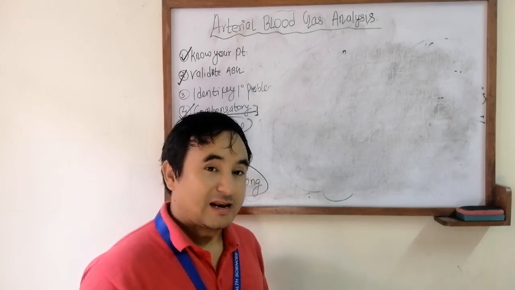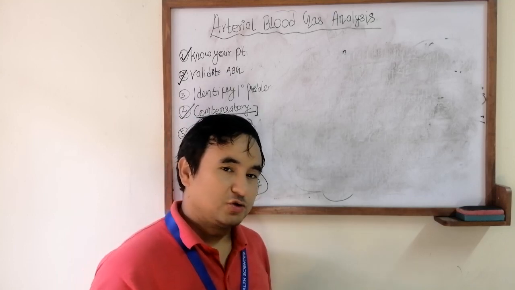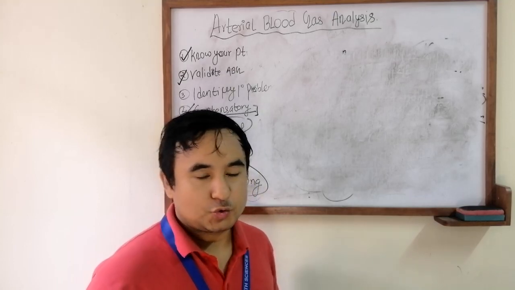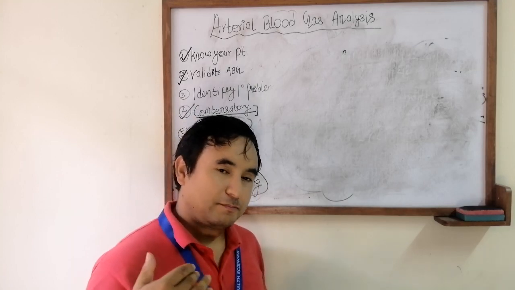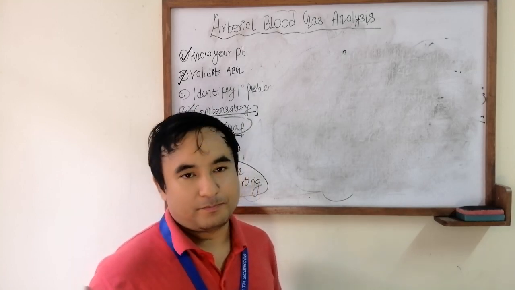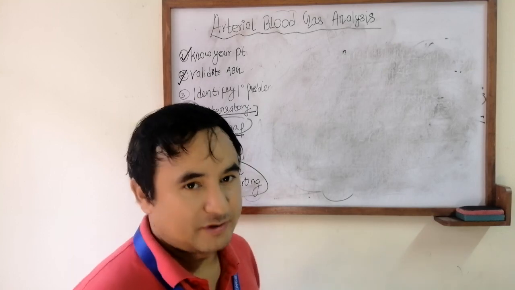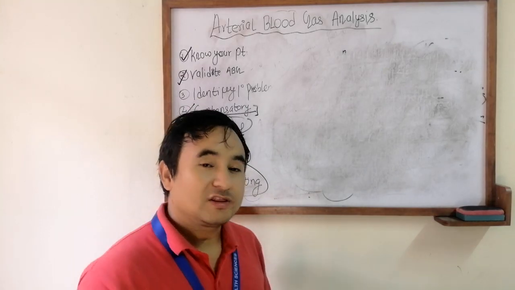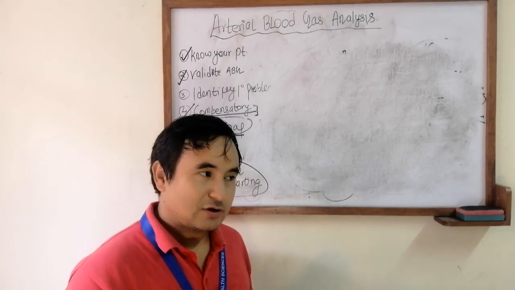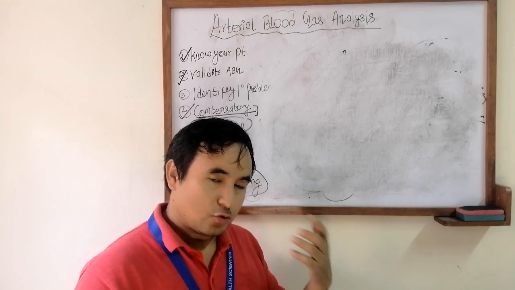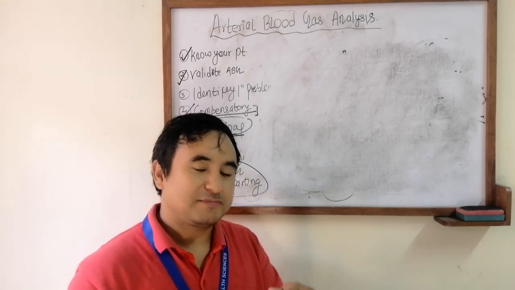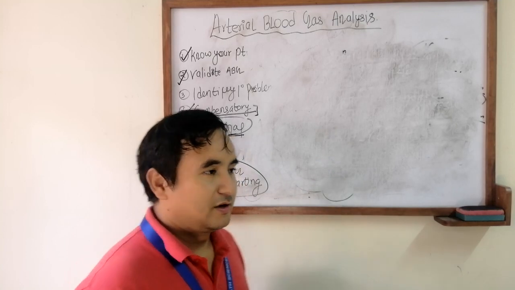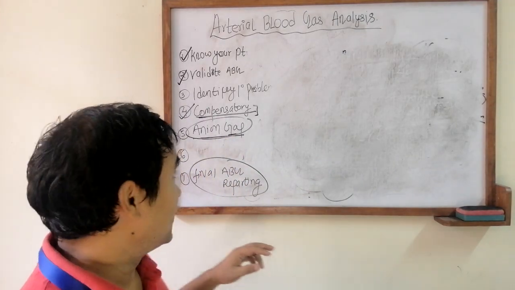In case of respiratory alkalosis, a drop in PaCO2 by 10 will drop the bicarbonate by 2 in acute respiratory alkalosis, and a drop in PaCO2 by 10 will drop the bicarbonate by 5 in chronic respiratory alkalosis. For looking at the compensation in the metabolic state, you have to know how to calculate the expected PaCO2 level, which is equal to bicarbonate plus 15. You can check whether it has fulfilled the expected PaCO2 level or not.